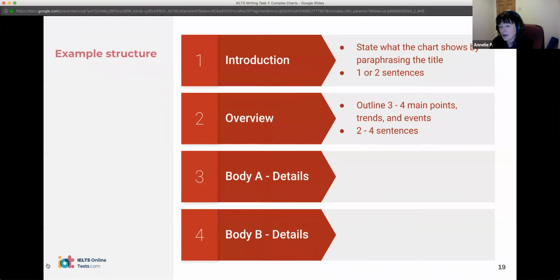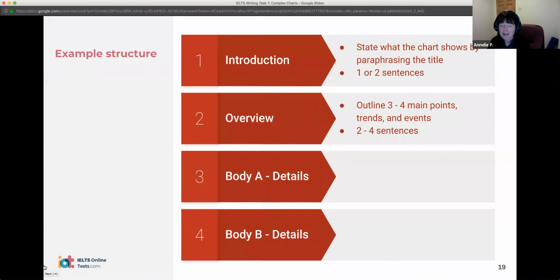Yes, you can put the overview at the end, Marhata. So 2 possible orders: introduction, overview, body, or introduction, body, overview. Okay. But it's very important that the overview is clear. All right. Also, overview, no exact figures, okay?